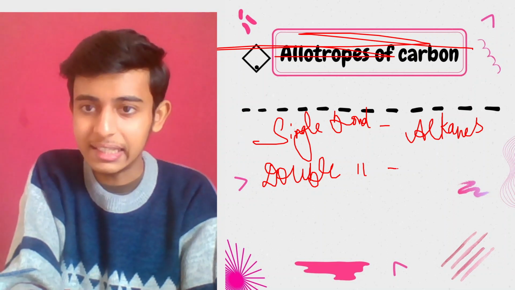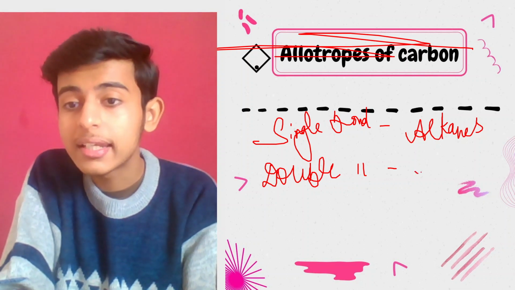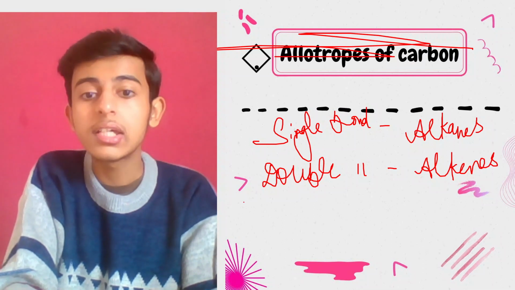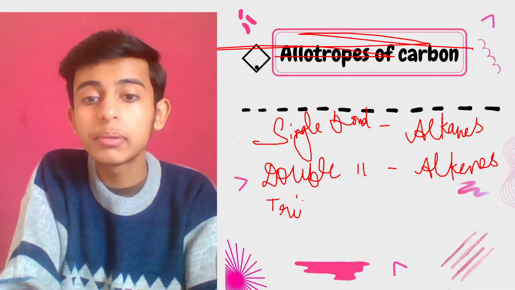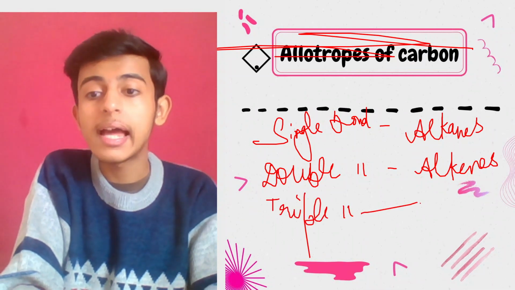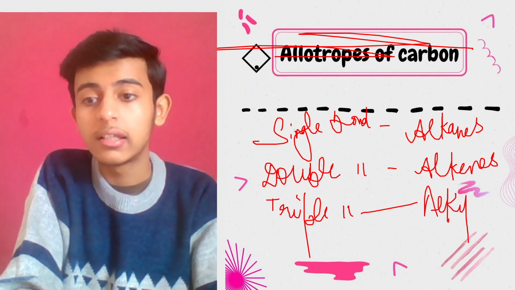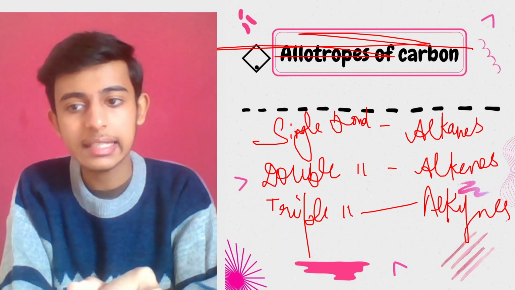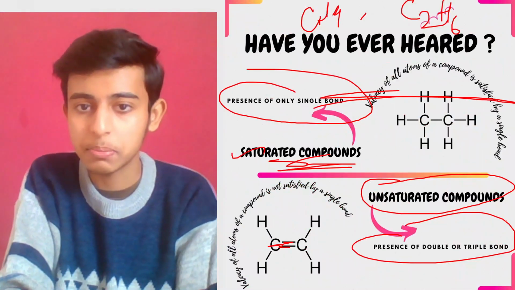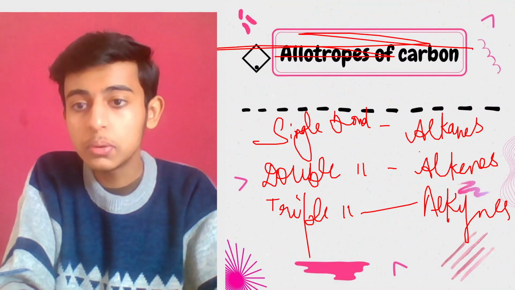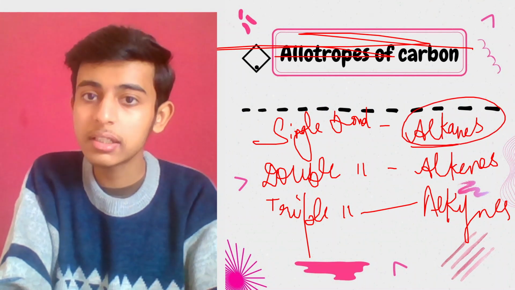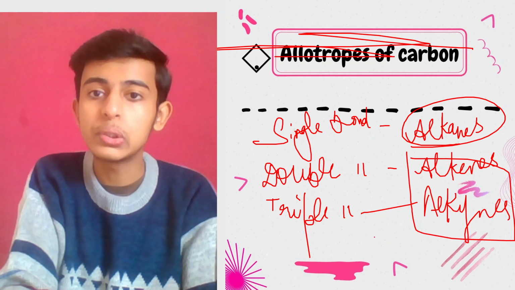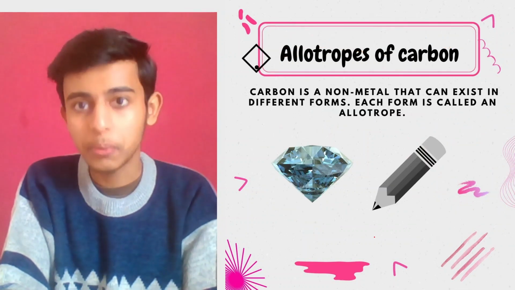Right now I won't reveal the names. If there is a double bond, then the group is termed as alkenes. Correct? And if you have a triple bond, then it will be termed as alkynes. So alkanes, alkenes and alkynes. This is something which you should remember. So by this we conclude that alkanes are saturated compounds, whereas alkenes and alkynes are unsaturated. Now talking about allotropes.